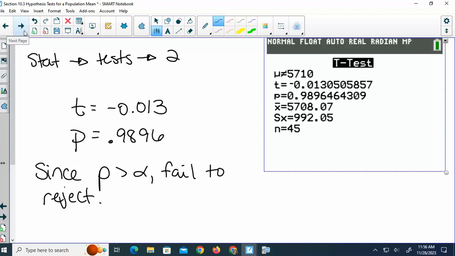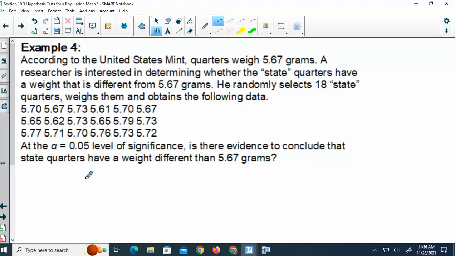Let's look at this one. According to the United States Mint, quarters weigh 5.67 grams. A researcher is interested in determining whether the state quarters have a weight that is different from 5.67 grams.